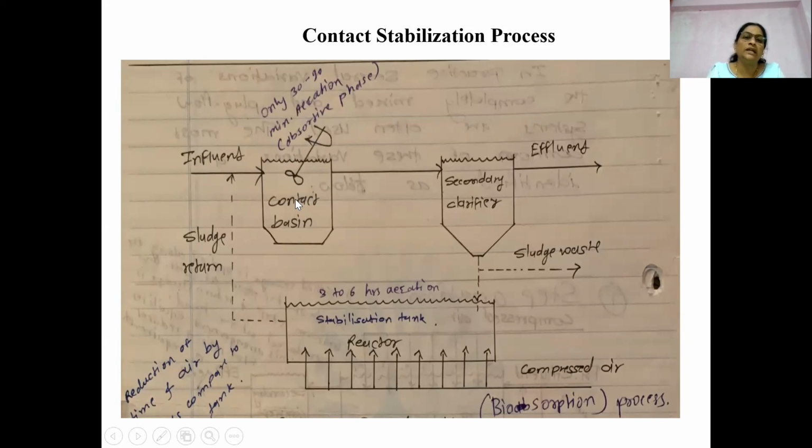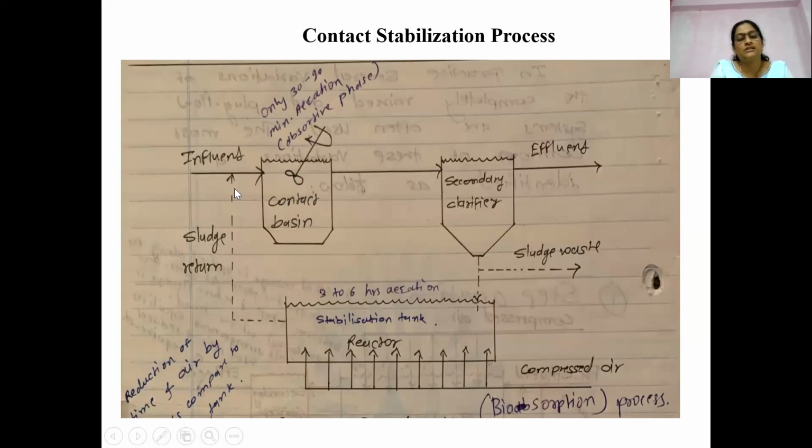Less amount of air is required in this portion. Why? Because the returned sludge, which is the active one, we have already provided 3 to 6 hour aeration in the separate tank. So because of that, reduction of time and air is being performed in this process.